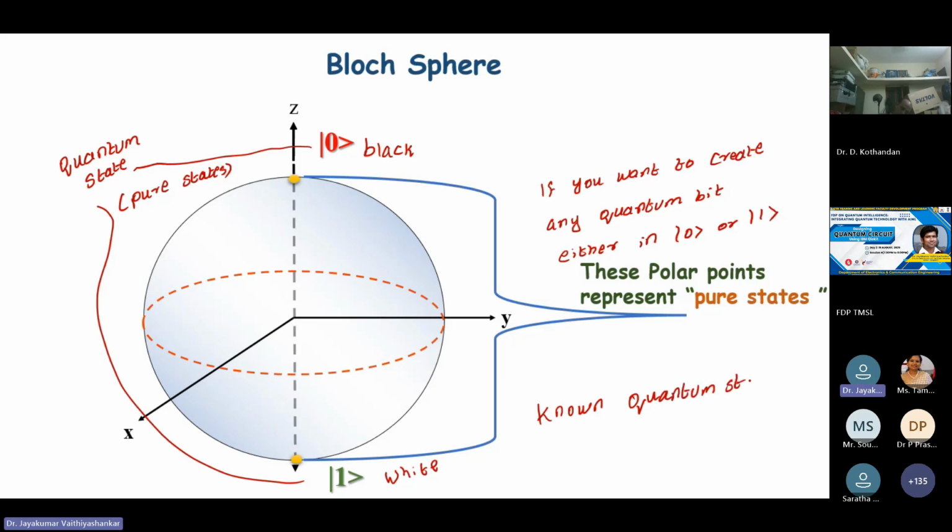So why is it known? Because we try to map binary information. So whatever classical binary information we have, we try to map this binary information with quantum states. Because of this, we are starting from state 0 or state 1.